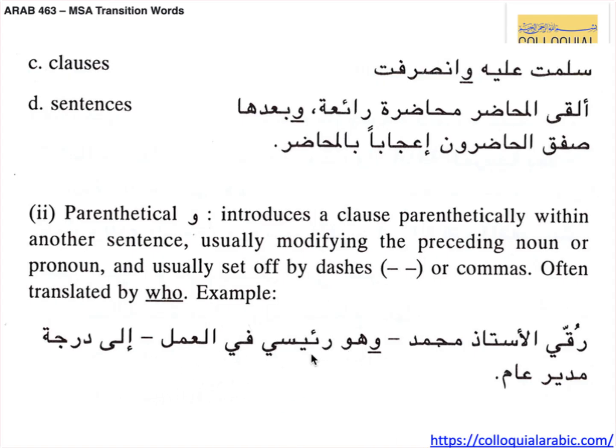Ila darjati mudiriyam. So the head of the business department has been promoted to general manager. So this sentence clearly indicates who the person is, what his rank is, and to which rank the promotion is being made.